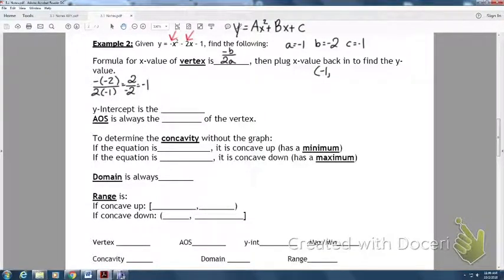To find the y value, I'm just going to take that and plug it back in. So I have negative 1 squared minus 2 times negative 1 for 2x minus 1. What does negative 1 squared equal?